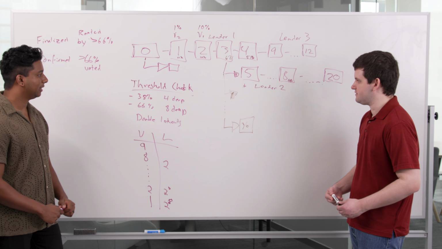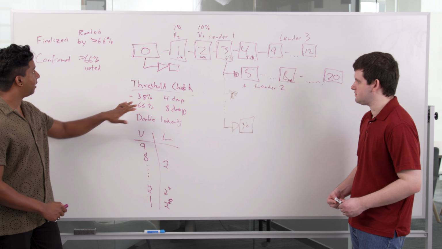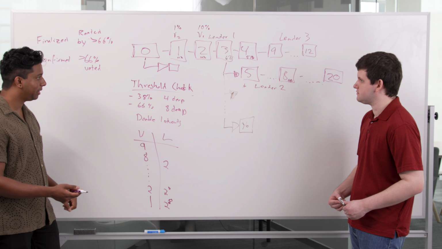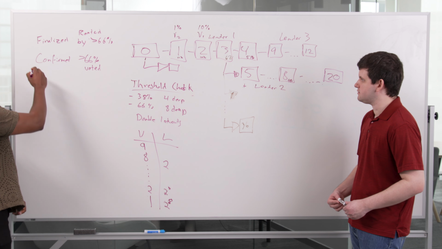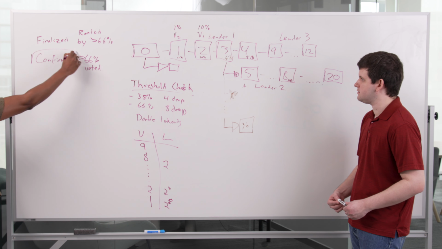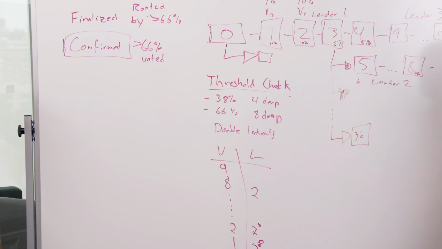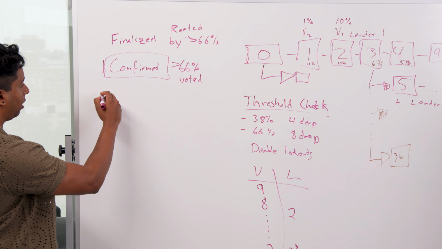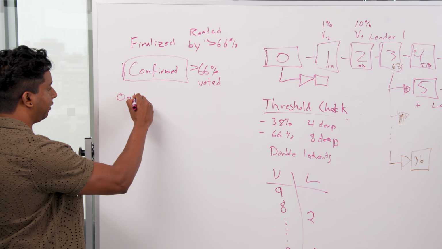Right. Okay. And then the 38% number covers the final part of Tower BFT, which is what this confirmed means, and the guarantees that we have about confirmed. So we call this optimistically confirmed.